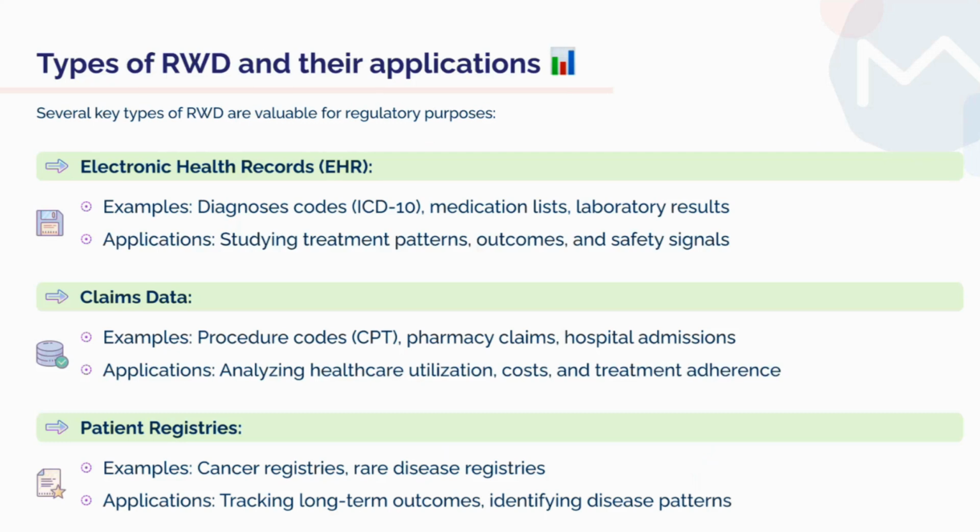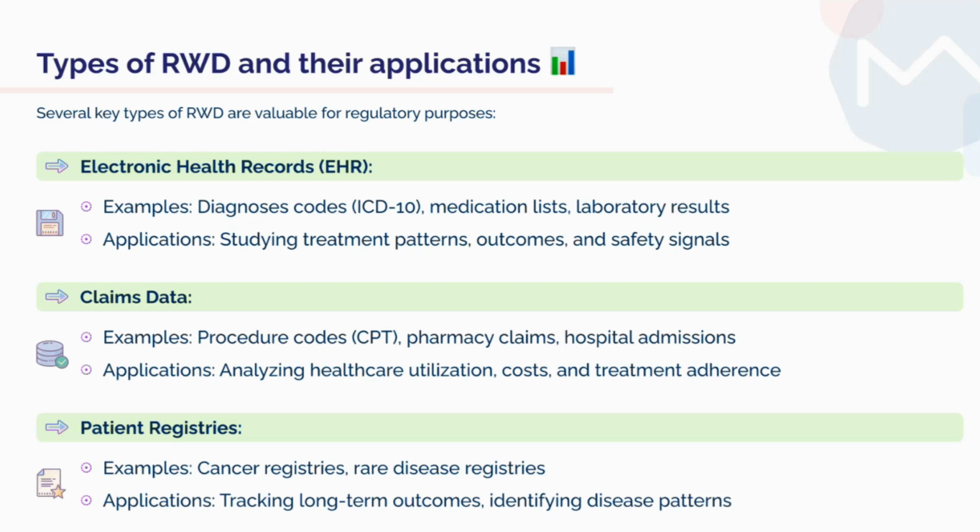Just to quickly go through the types of real-world data and their applications. As mentioned, electronic health records. These can appear in the form of diagnostic codes, medication lists, etc. In terms of the applications, we're looking at assessing treatment patterns and outcomes, and of course it has a lot of utility in epidemiological analyses as well.